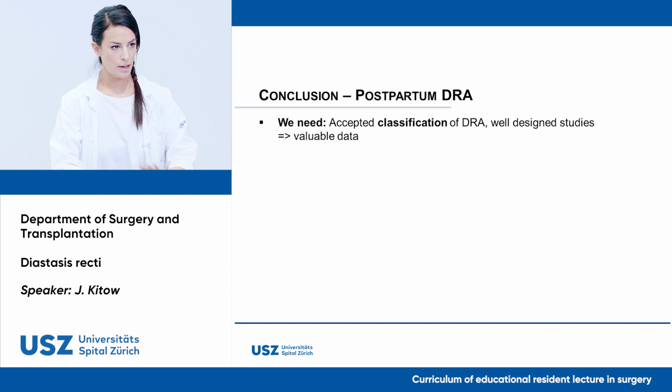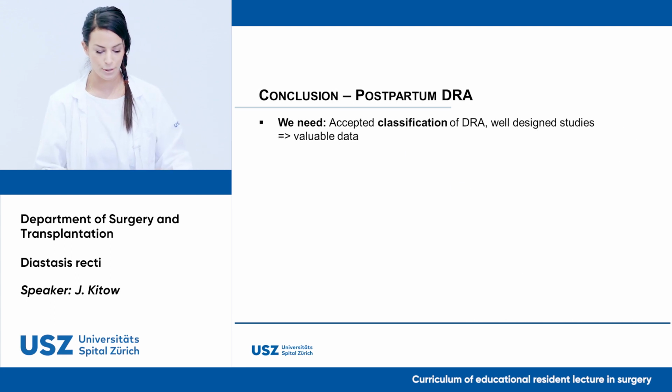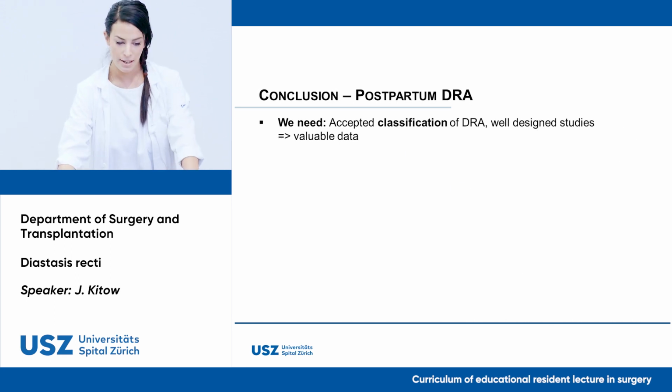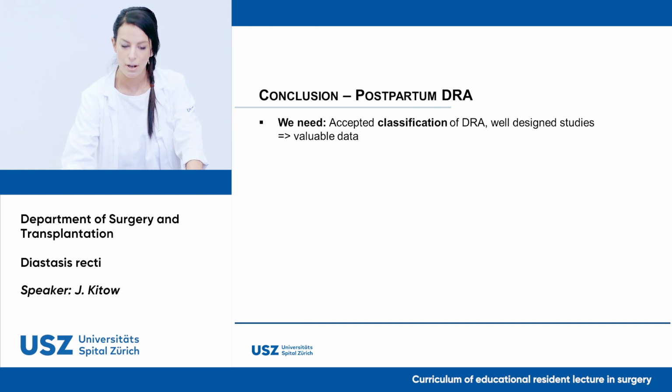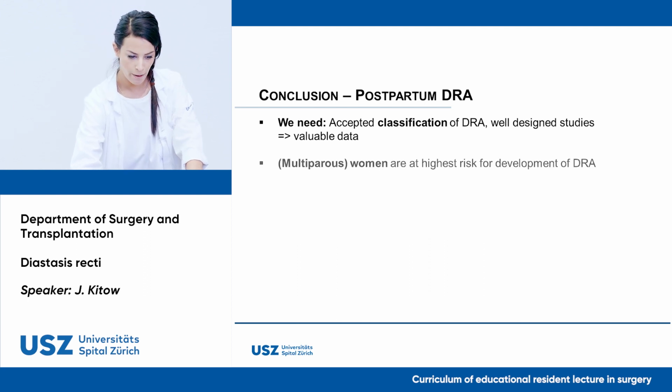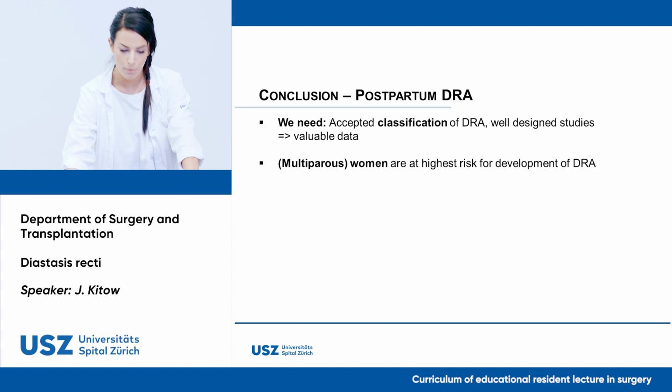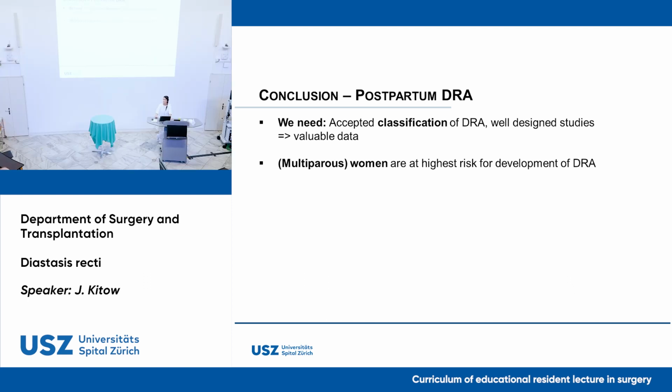So, there's the conclusion of today's talk. What we need is an accepted classification of DRA and well-designed studies to achieve valuable data to compare techniques. Multiparous women are at highest risk for development of a DRA.